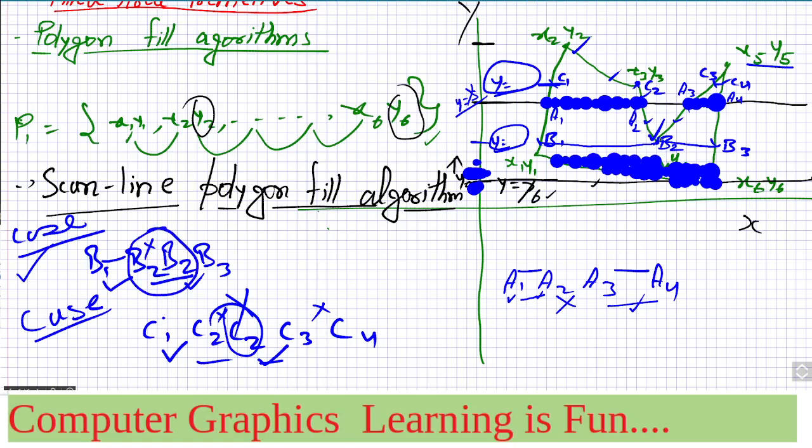However, if the points like x2 y2 and here it was x4 y4, so these 2 endpoints are in opposite direction, in that case opposite sides from C2, then we will keep C2 at only one time. Then you will print from C1 to C2, and you will not print between C2 to C3, and then again you will print from C3 to C4, right? So these are the few cases that we have to consider.